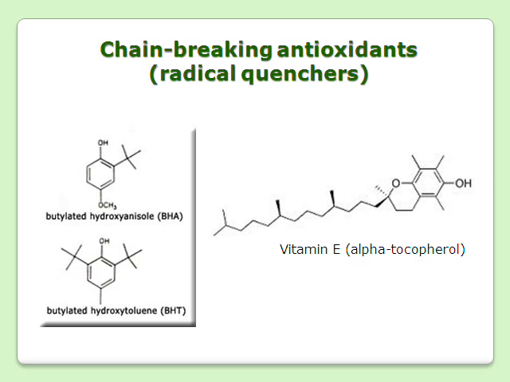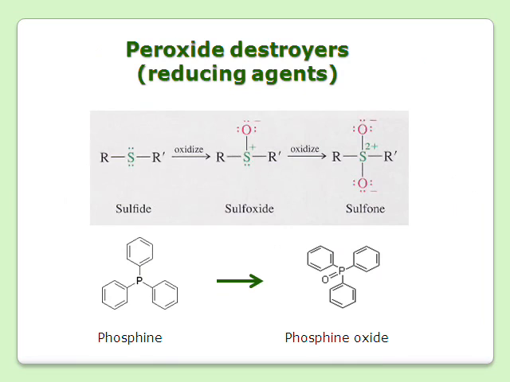In contrast, the peroxide destroyers, which take ROOH back to ROH, are species that are themselves oxidized by peroxides. These are sulfur or phosphorus compounds, so-called reduced sulfur and reduced phosphorus compounds, because they're susceptible to being oxidized by many kinds of oxidizing agents, but particularly by peroxides.